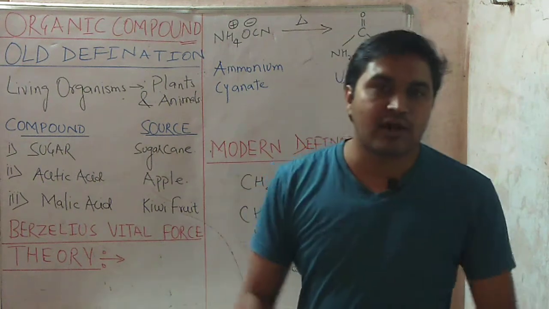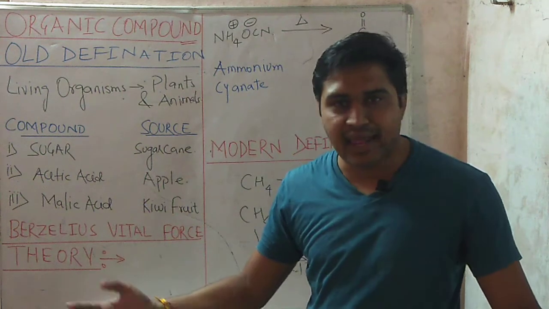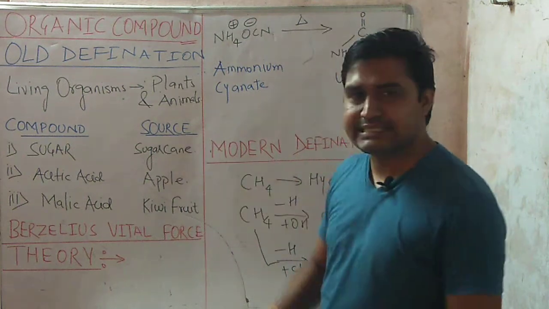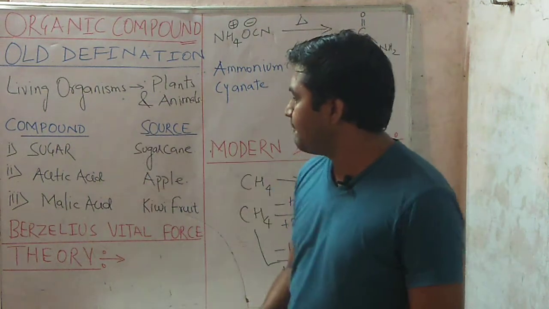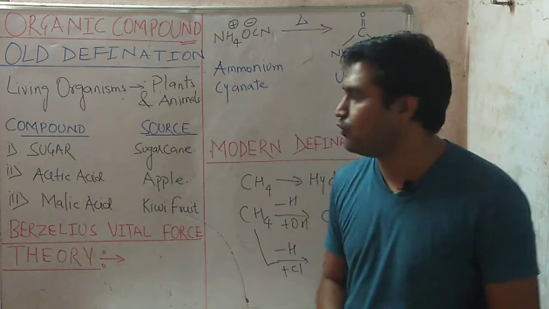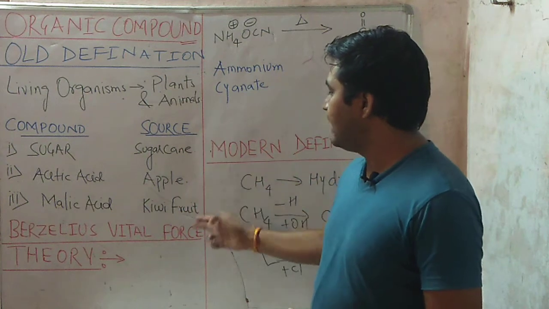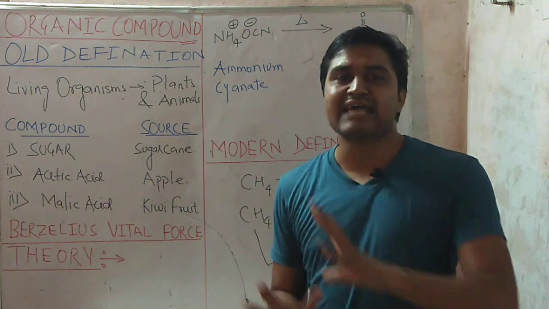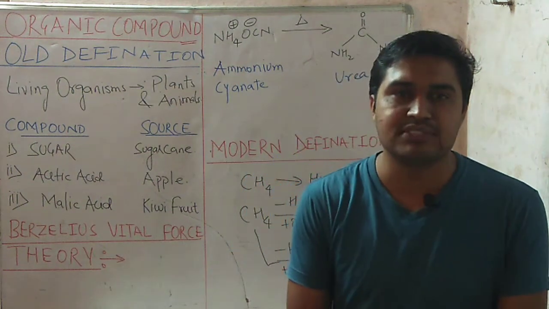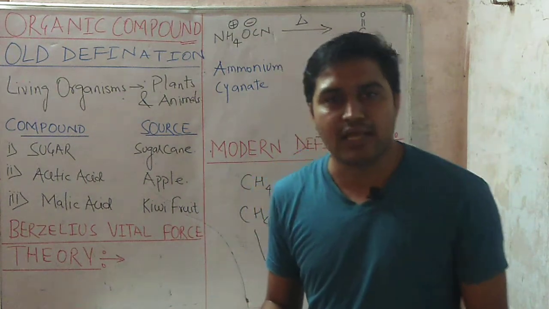Suppose you want the compound sugar, then your source is sugar cane. If you want acetic acid, then your source is apple. If your compound is malic acid, then your source is kiwi fruit. If you look carefully, sugar cane, apple and kiwi fruit are plants, and there are some compounds which can be produced from animals only.